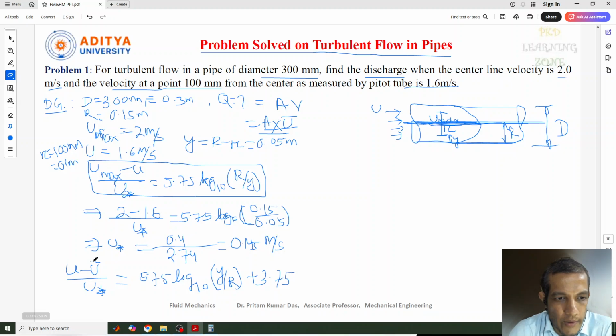This is the equation between the velocity at any point and the average velocity.